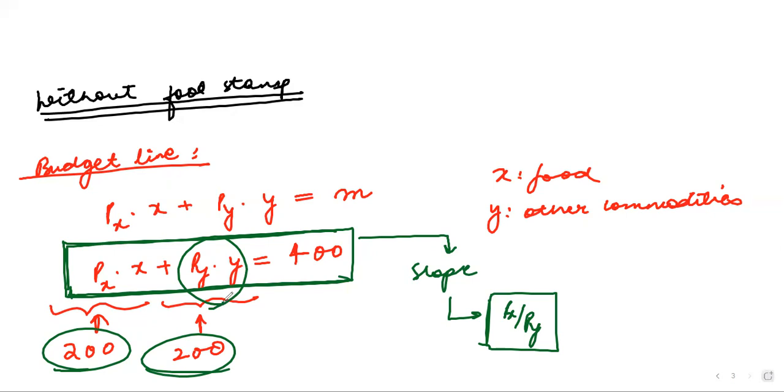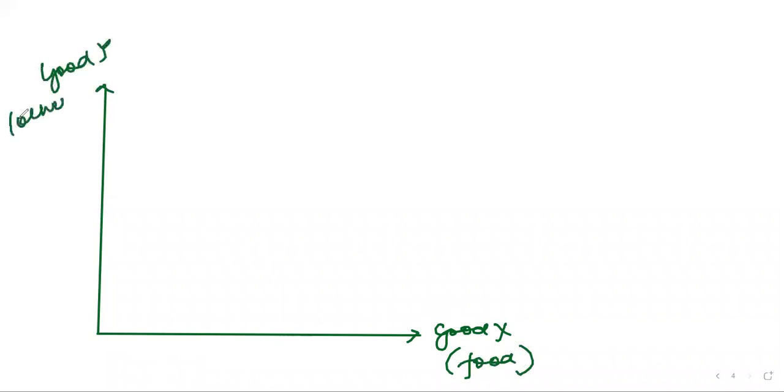But that is not really required here. I will simply draw a budget line. This is good X, which is nothing but food, and this is good Y, which is all other goods.